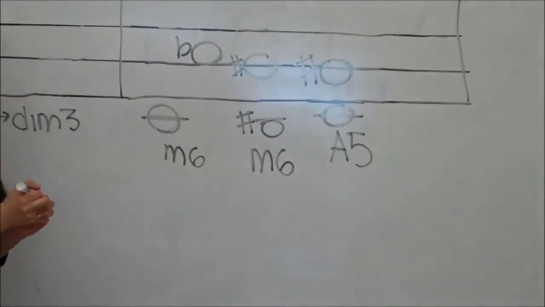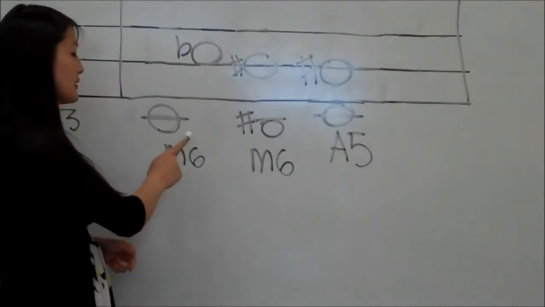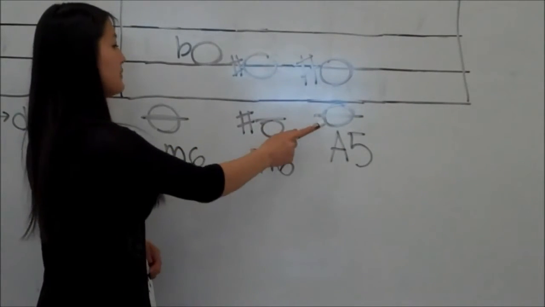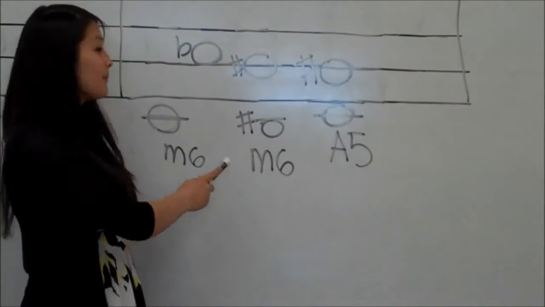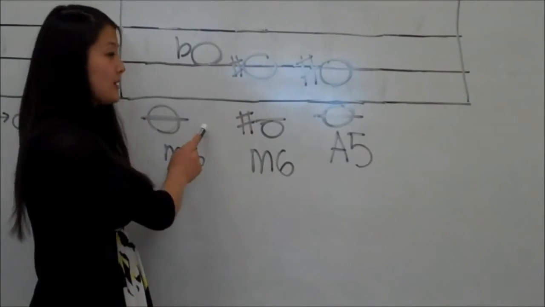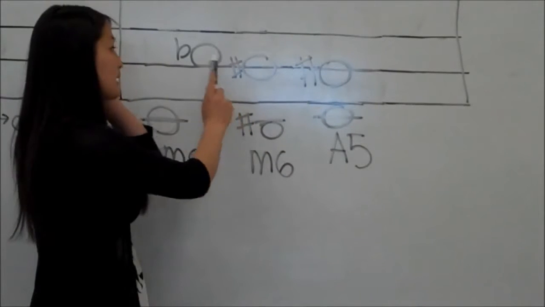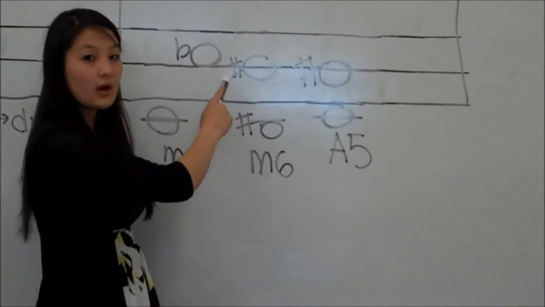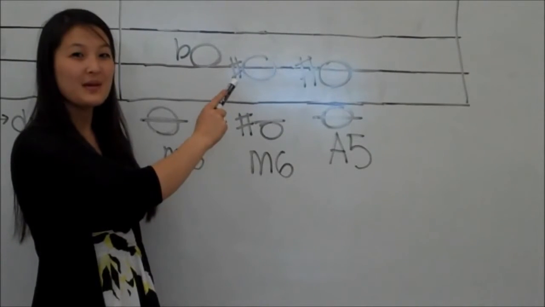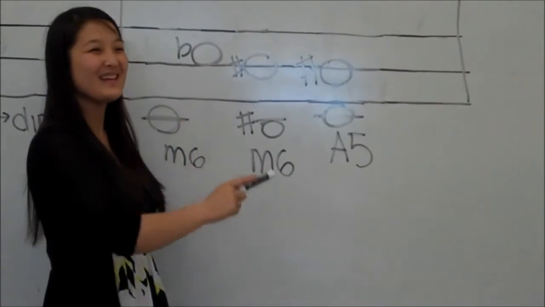These would all be enharmonic because the C, the B sharp, and the C are all notes that sound the same, but as you can see, this one's called a B sharp, while these are called C's. And same for the top notes. The A flat and the G sharp are sounding the same, but spelled differently.